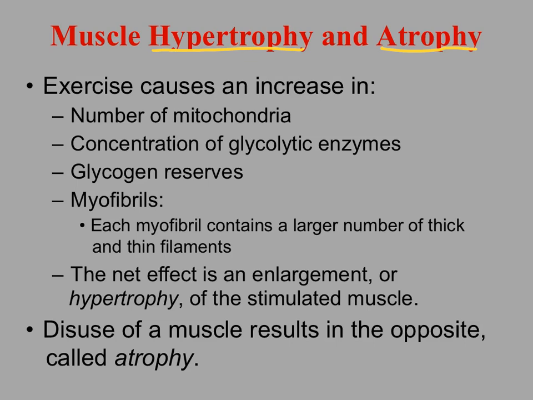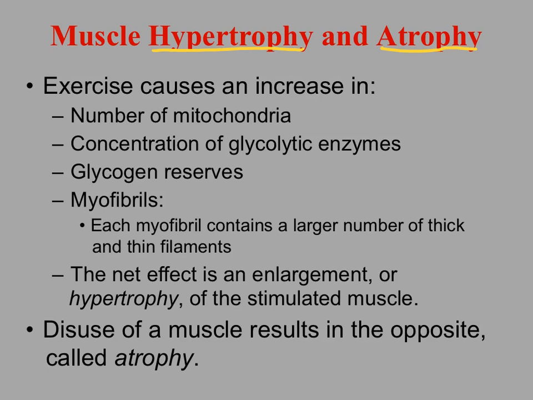Skeletal muscle cells don't undergo mitosis readily. Let me rephrase that. Skeletal muscles don't grow and divide to make more of themselves, and that's not how a muscle gets bigger.